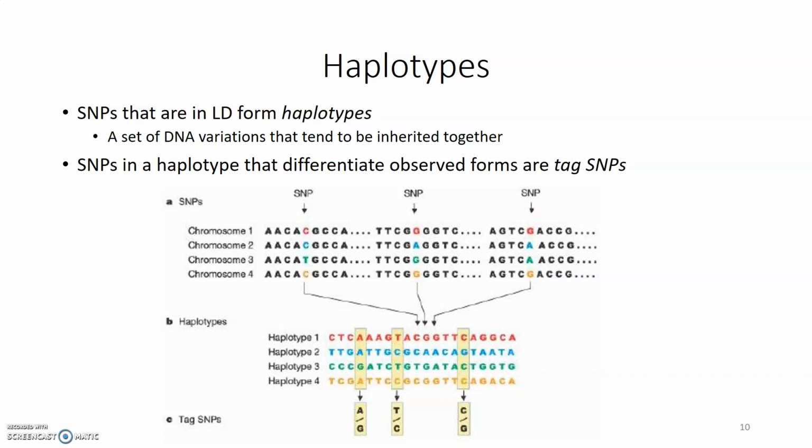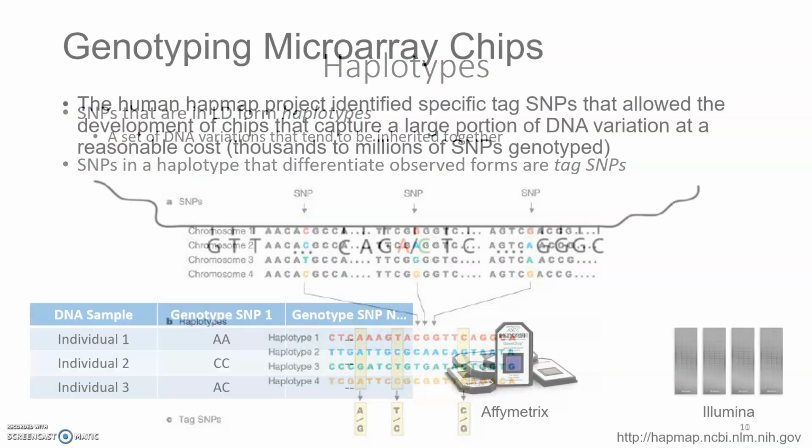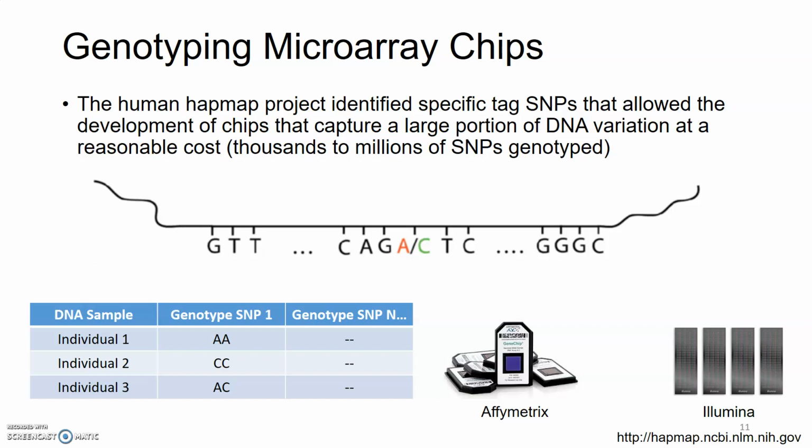These tag SNPs are used in the creation of these DNA microarray chips that we use in genome-wide association studies. These microarray chips, as we talked about in our introduction, can simultaneously interrogate hundreds of thousands to millions of these tag SNPs across the genome at an extremely reasonable cost.